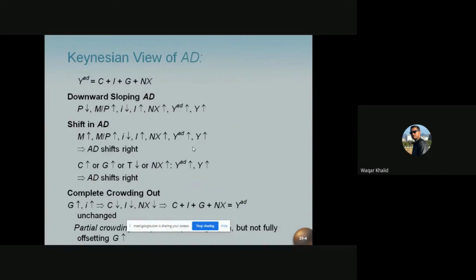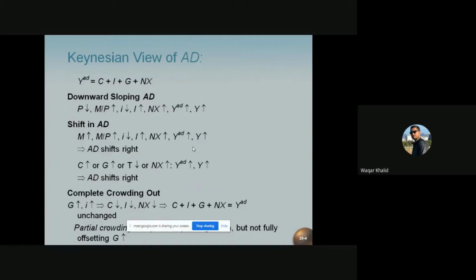The question is how? If, for example, consumer spending increases, or if government spending rises, or if tax rates rise, how will these changes affect the position of the aggregate demand curve?